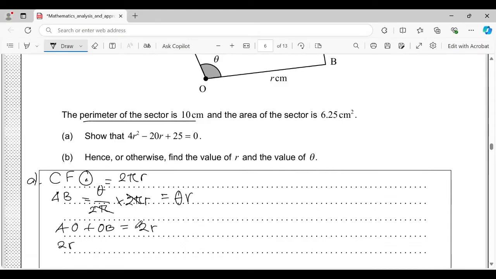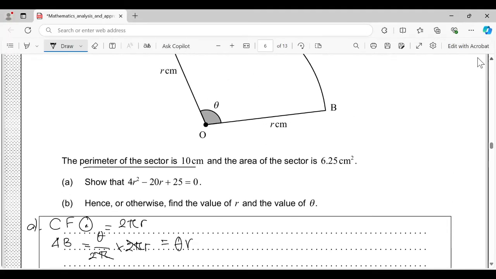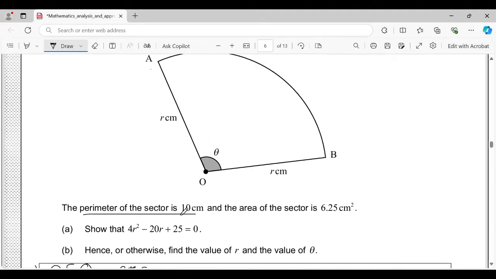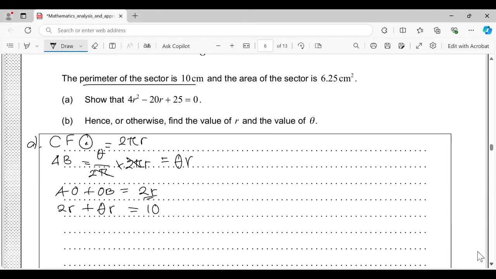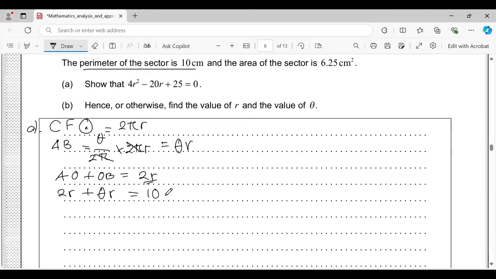So 2r plus theta r equals 10, because the perimeter of the sector is 10. So AO plus OB plus AB. And this is the first equation.